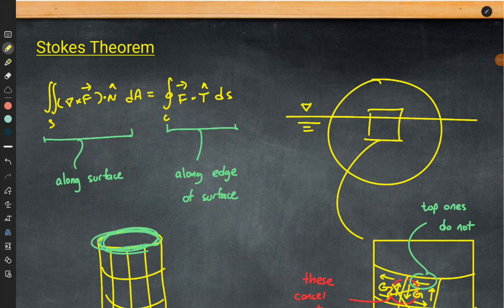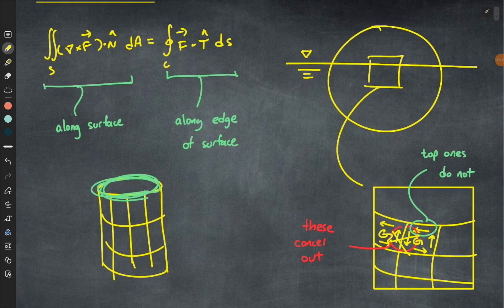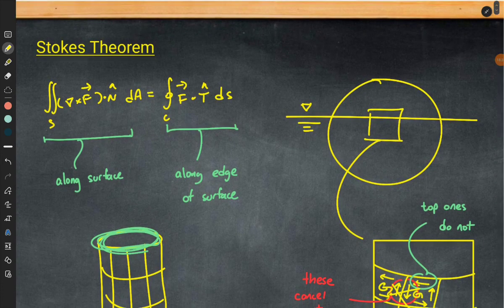So yeah, it's kind of hard to make a summary for this video because I don't really know what Stokes' theorem is for. My professor just showed this formula to us and asked us to prove that the left-hand side is indeed equal to the right-hand side. So as a summary, all I can say is Stokes' theorem is for open surfaces, not closed surfaces.